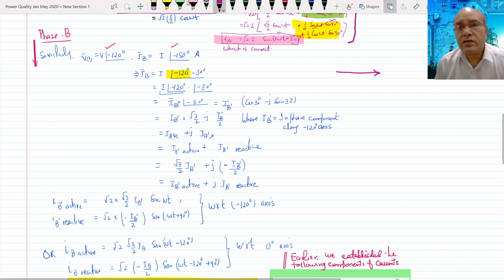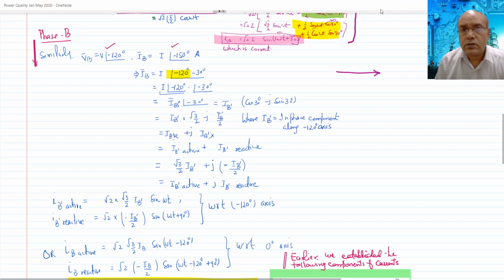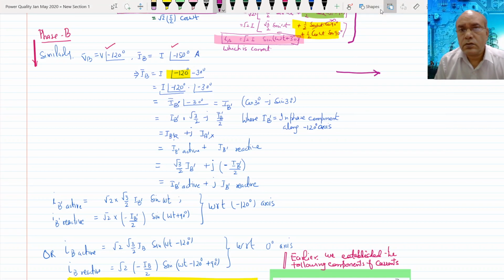Take a standard line here, and this is the current here. The current is minus 30 lag. This is IB. So we can call this BB as a reference phasor. In that case, this angle is minus 30 degree.